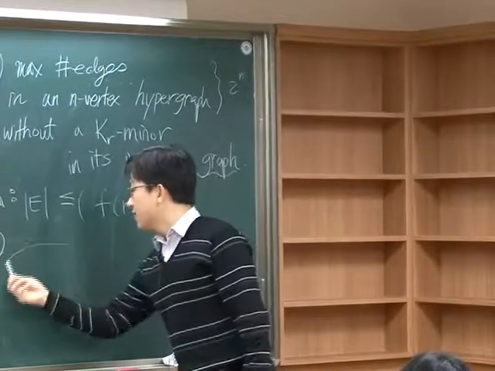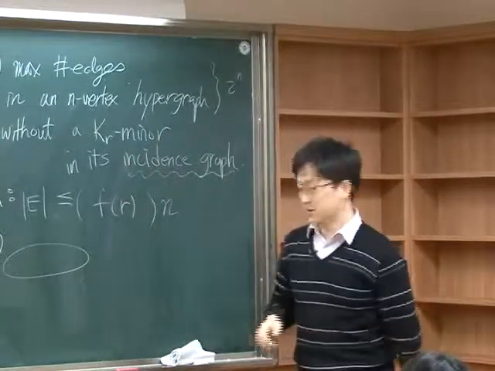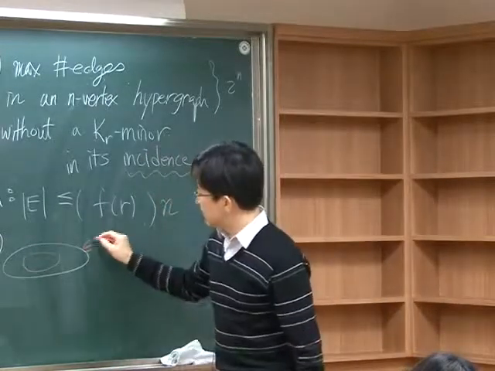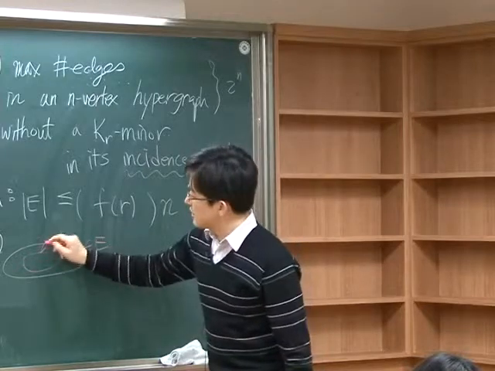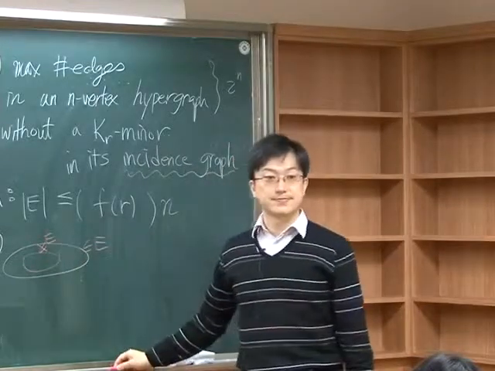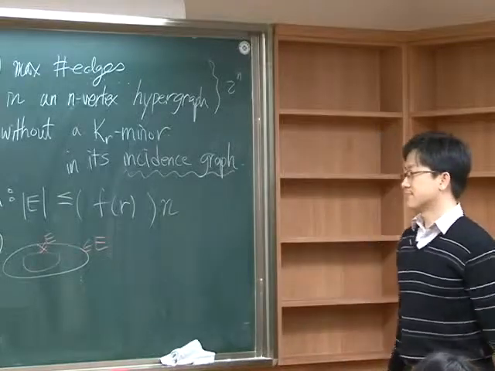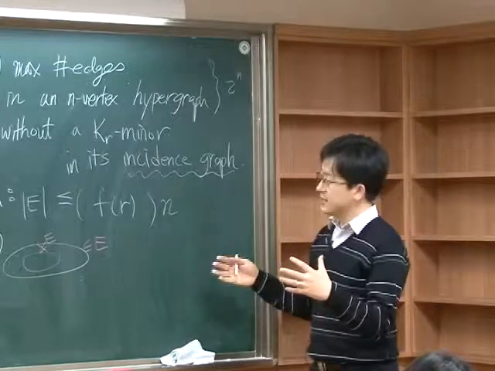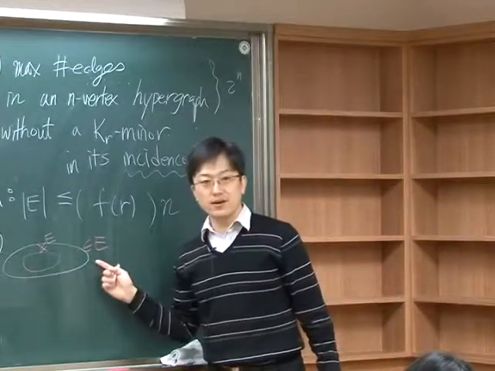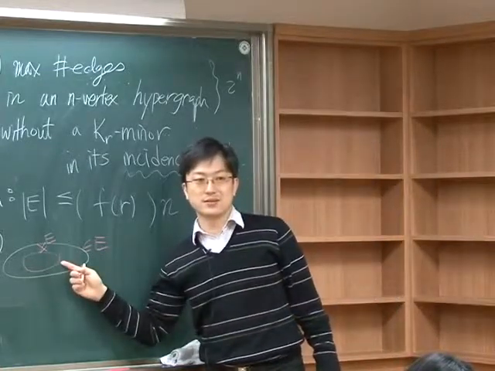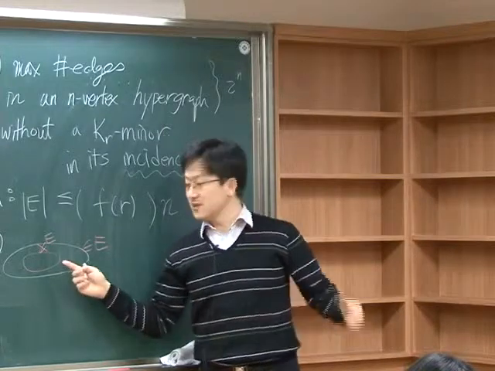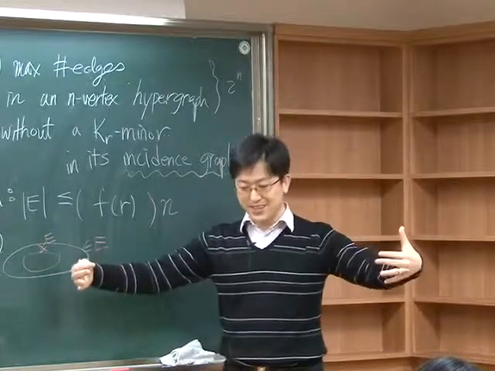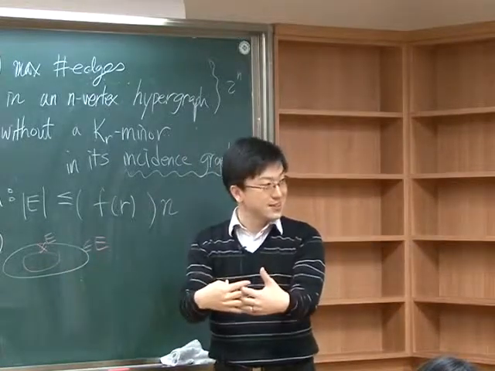If I have an edge of the hypergraph, one of whose subsets is not an edge, so this is an edge, but this is not an edge, then what I can do is replace this bigger one by the smaller one. Now let's replace the bigger edge by a smaller edge.